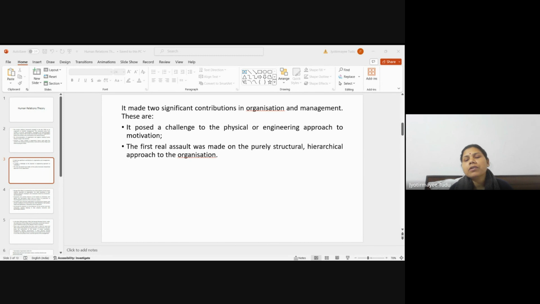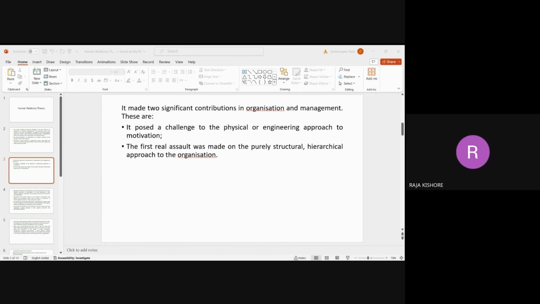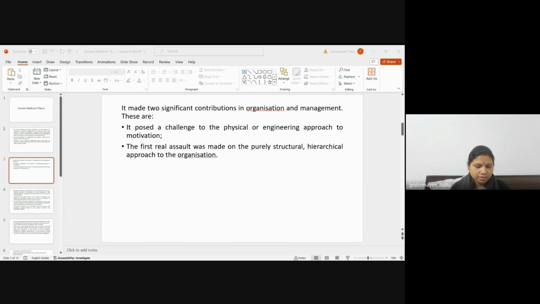So they just work for the money, not beyond that. It was also critical of the focus on structure and the hierarchical approach to organization, which somehow detached the human being from the organization.